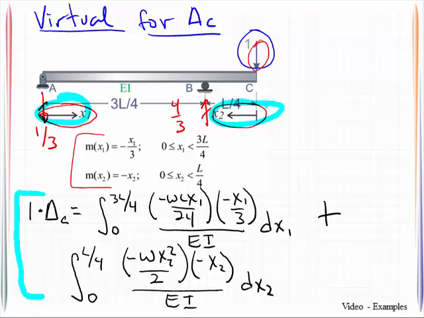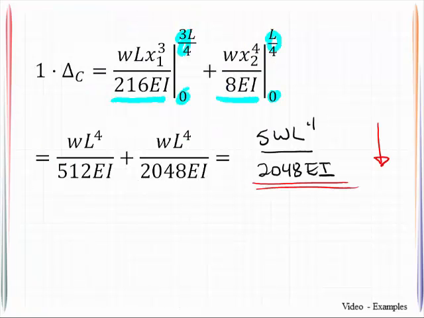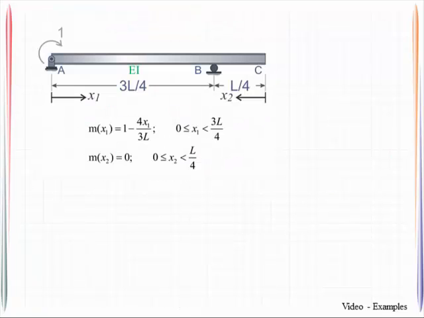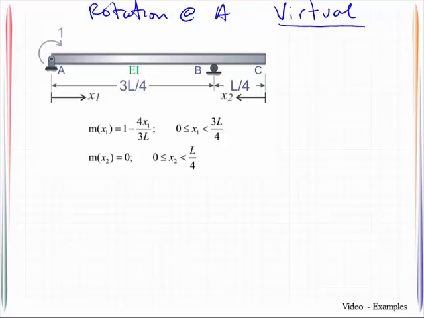Okay, so that got me the deflection at point C, and now I'm prepared to get the rotation at A. Once again, this is a virtual structure that will provide me little m. So I provide the rotation here at A. Before we do any other calculations, I do want you to notice something here.